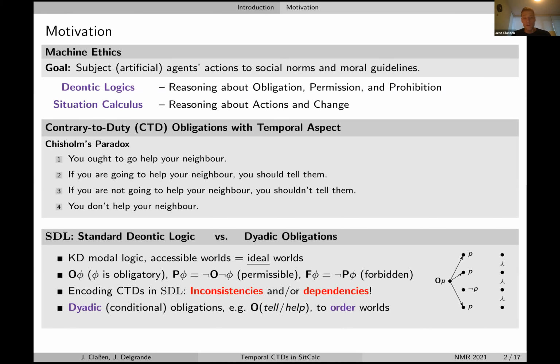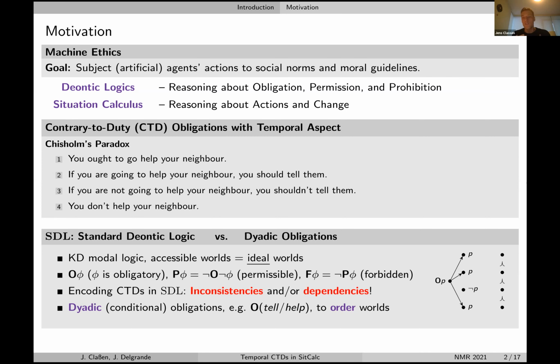It was very soon recognized that this is because what you actually need is some sort of dyadic, conditional, defeasible obligation. So for example, you ought to tell the neighbors in case that you plan to help them.